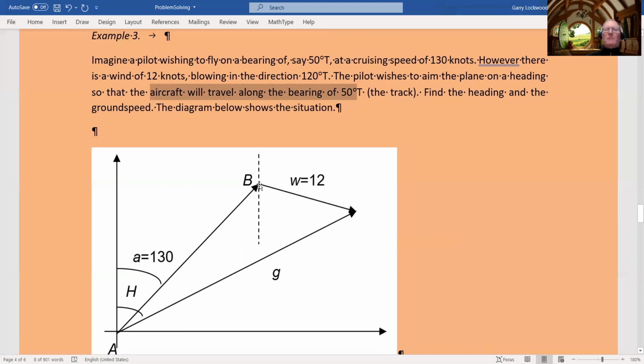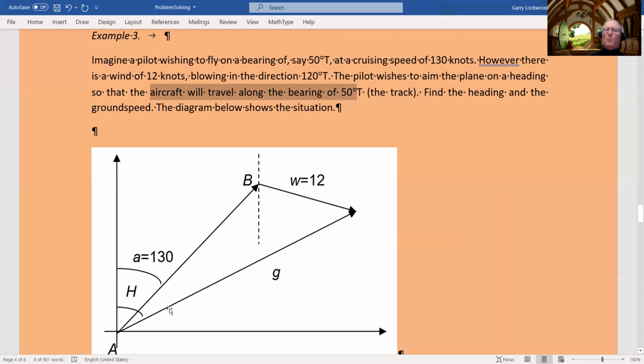Okay, now we've got this wind coming over here at 12 knots, and that is pushing the plane off course, and it's also affecting the speed over the ground. The speed over the ground is something slightly different. And so this angle here, from true north around to this side here, is in fact the track.